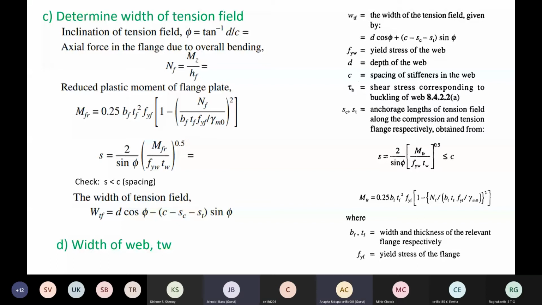Ma'am, 67 mm. Okay, what values have you taken? Ma'am, MFR is 1808 into 10 power 3, and FY is 250, and TW is 8.